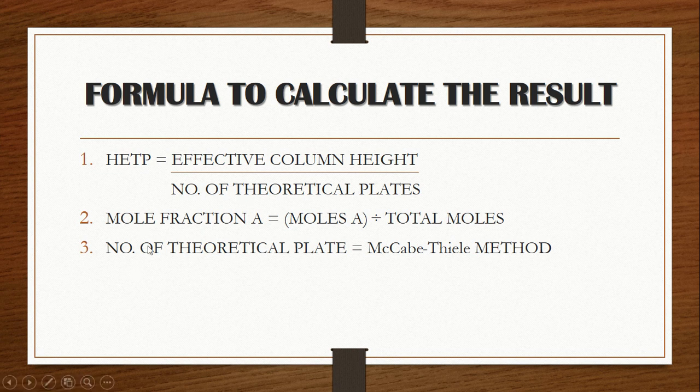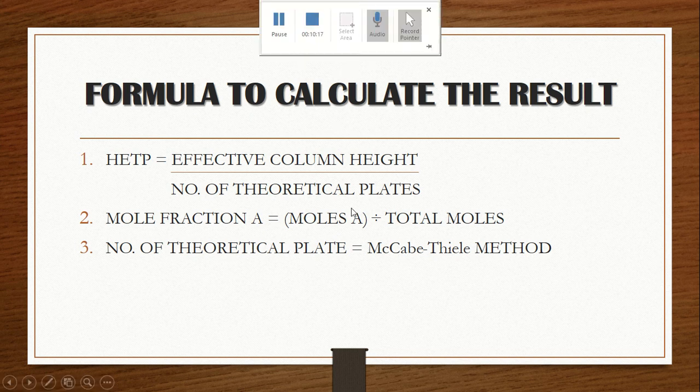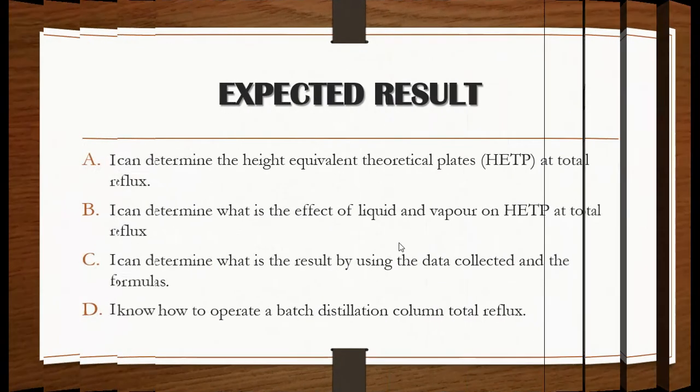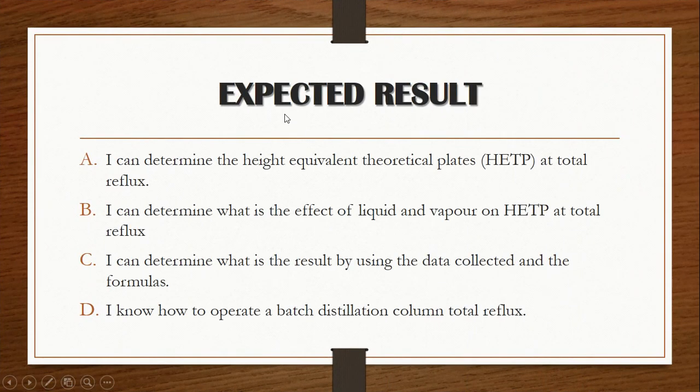The second one is the mole fraction of A, which is the moles of A divided by the total moles. For the number of theoretical plates, we have to use the McCabe-Thiele method.